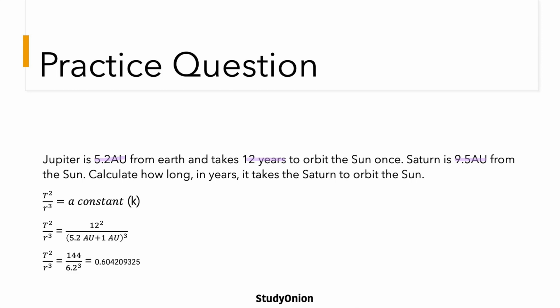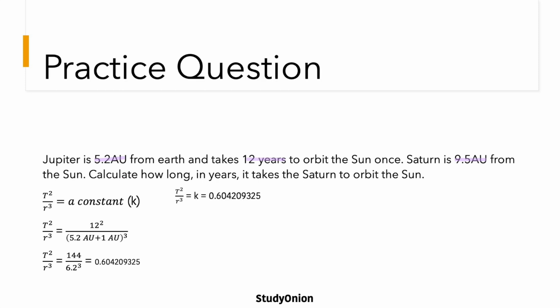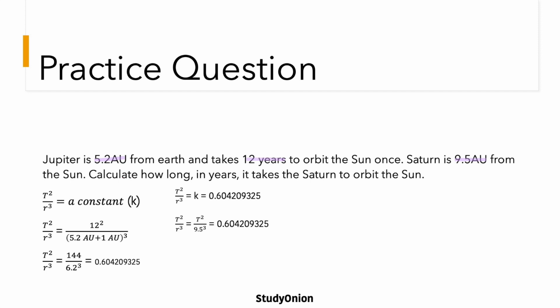You then just do your calculation, and that will result in a constant value here that is 0.604209325, and that is equal to the k, or the constant, for this solar system. All you then need to do is substitute Saturn's values into t squared divided by r cubed on top of that, and you will have your answer.